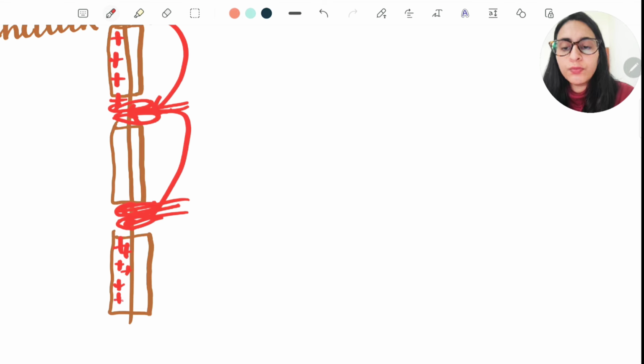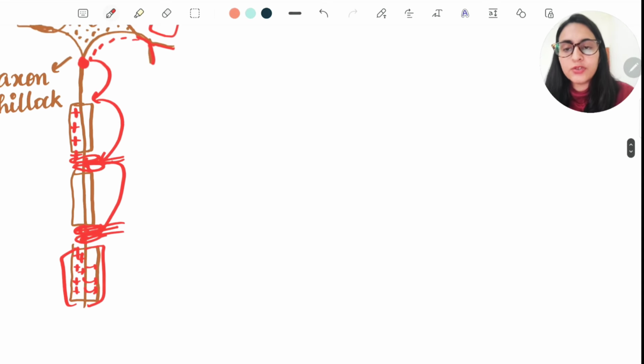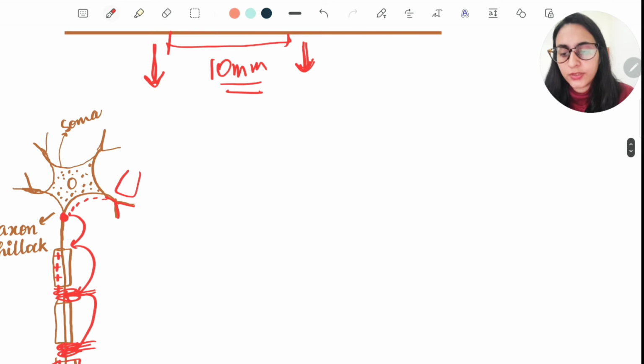And also because of this myelin sheath, there is no leakage of sodium, so this is also preserved. So that is why we say saltatory conduction. It seems like at the nodes of Ranvier the action potential is rising up, and that is why saltatory conduction is a misnomer.